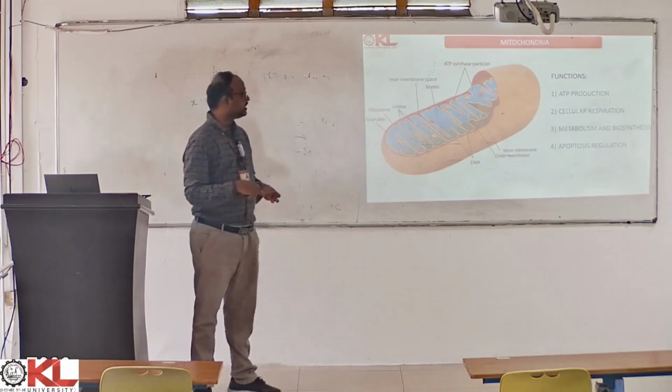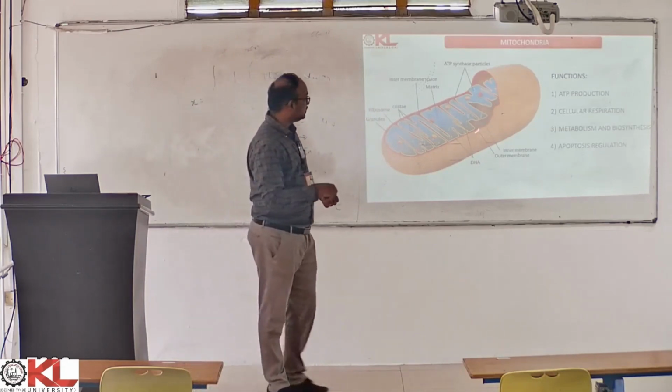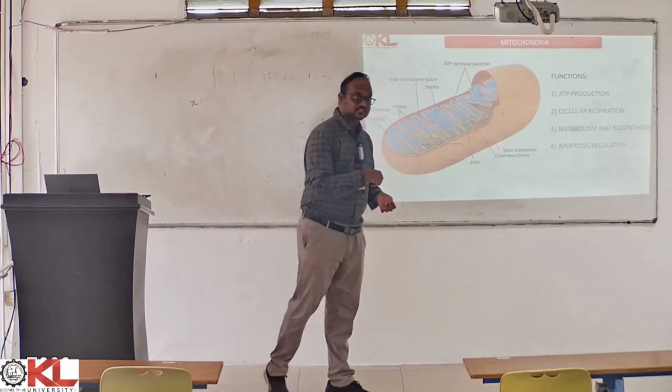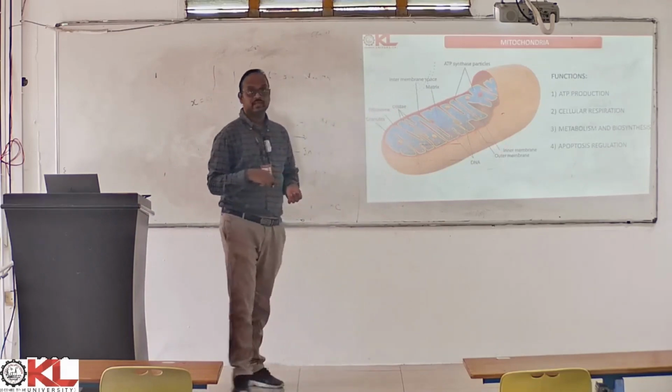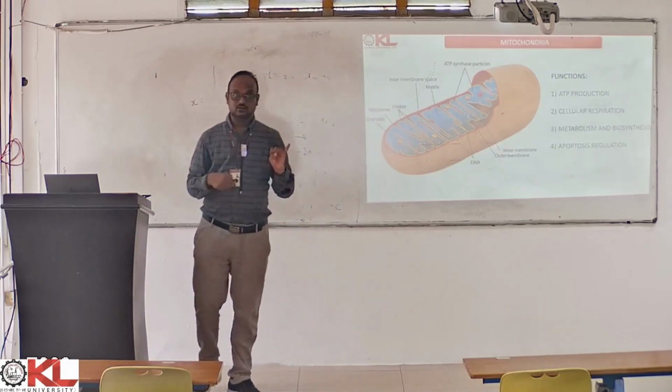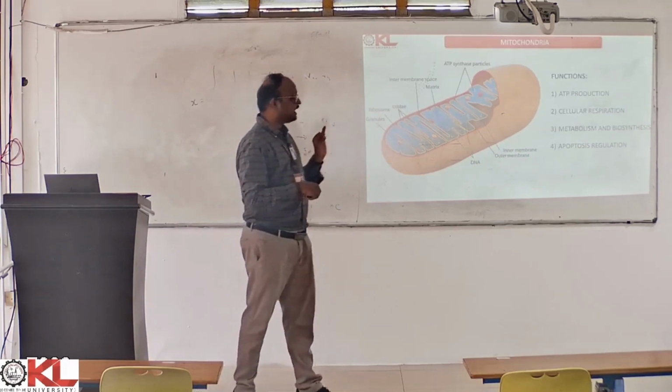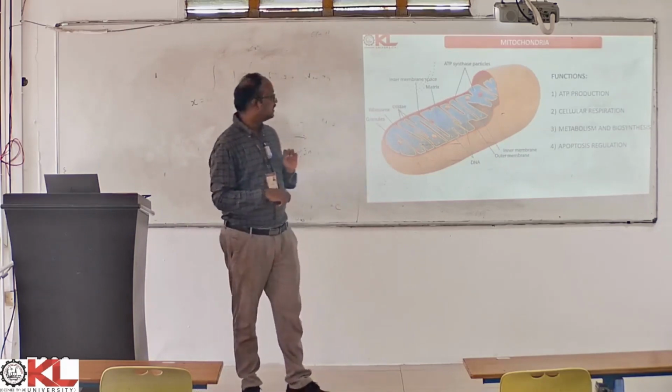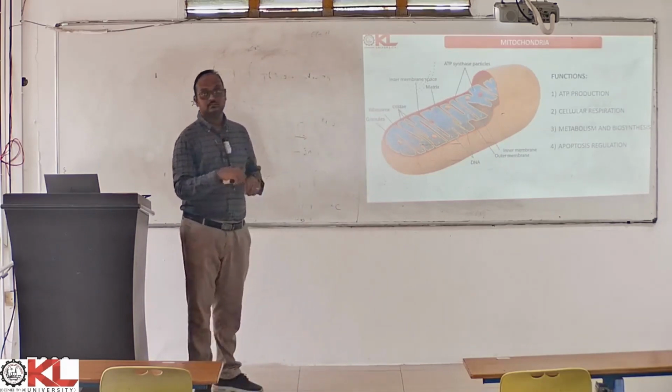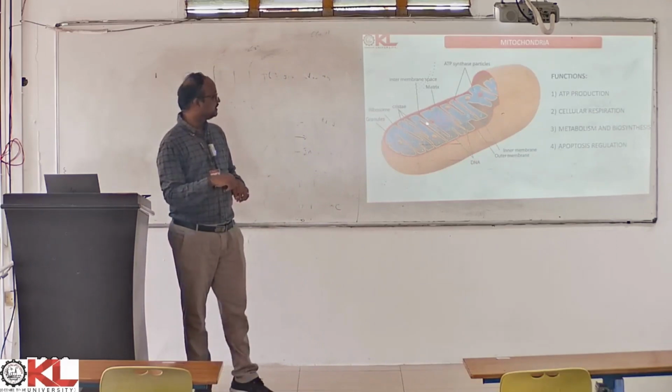Mitochondria, as we are discussing, has so many enzymes in it, and these carry out metabolisms like your Krebs cycle or citric acid cycle, and the electron transport chain inside the mitochondrial matrix. So this is the matrix, and these are the invaginations called cristae.